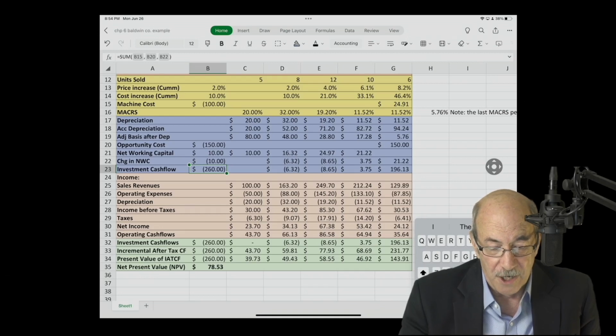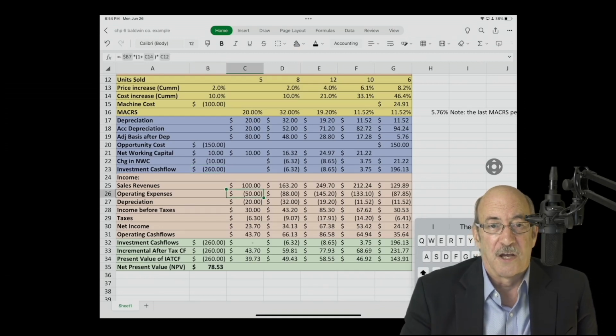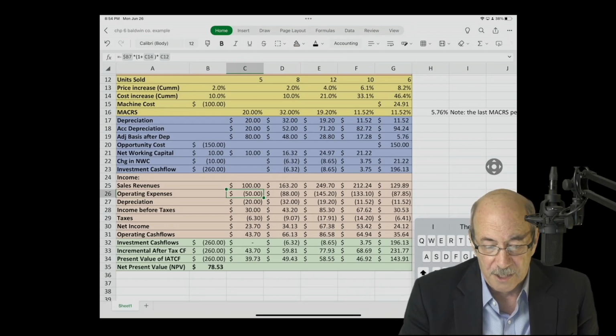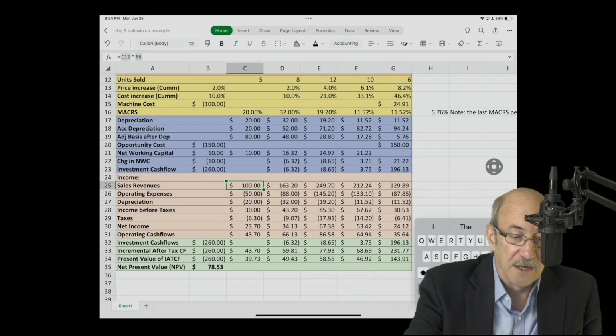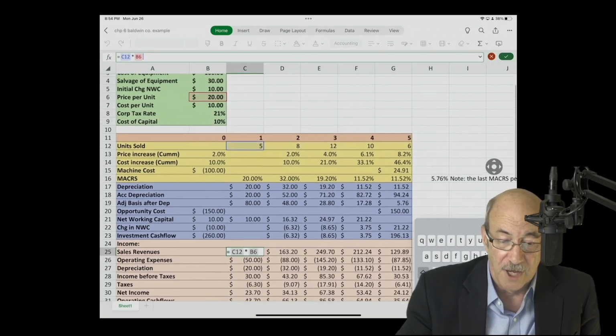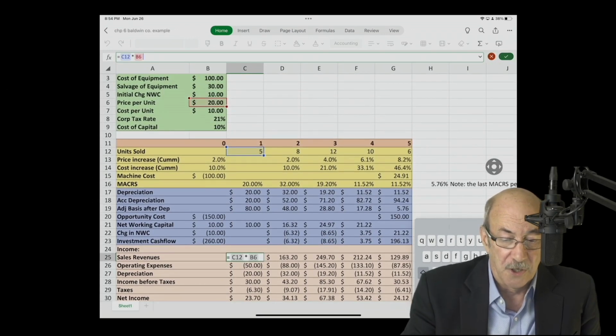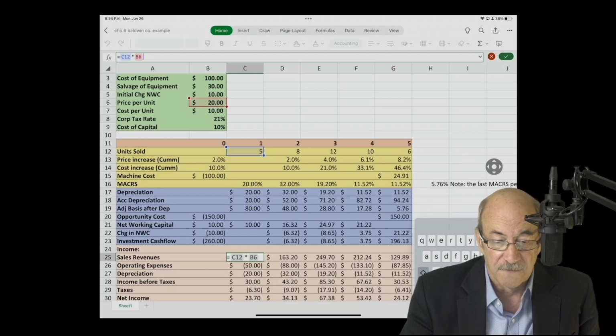Now we have our income and costs down in the salmon colored block here. So again, 100,000, and again that is a cell reference. So we've got 5,000 up here in C12 times the price per unit in B6 of $20.